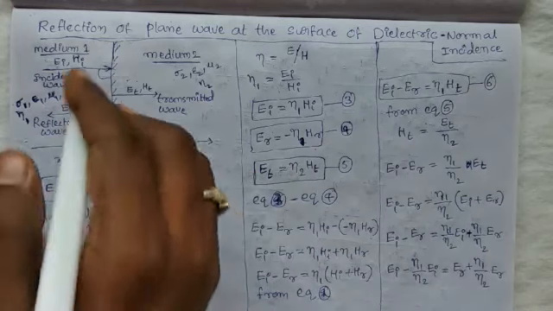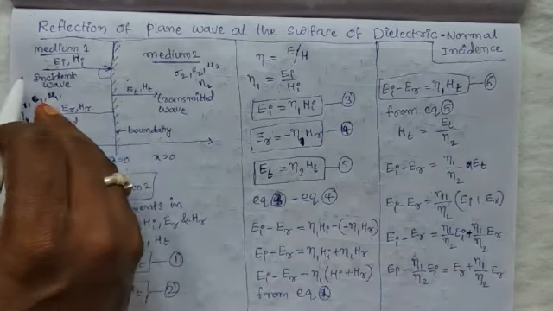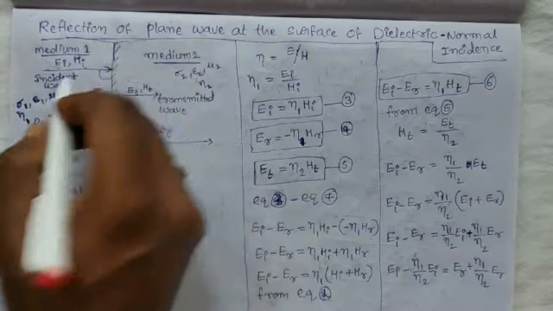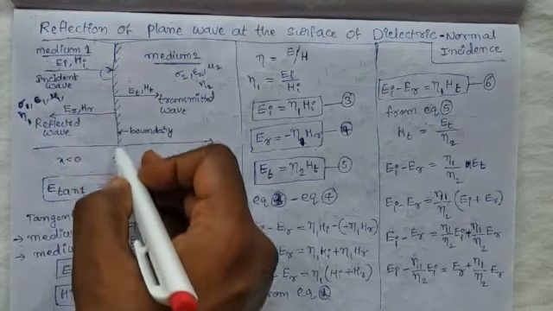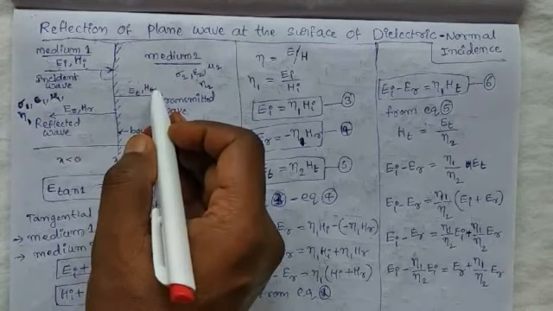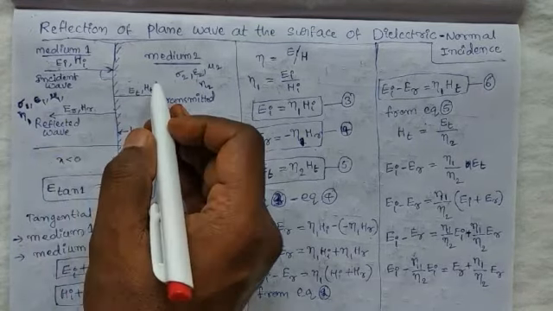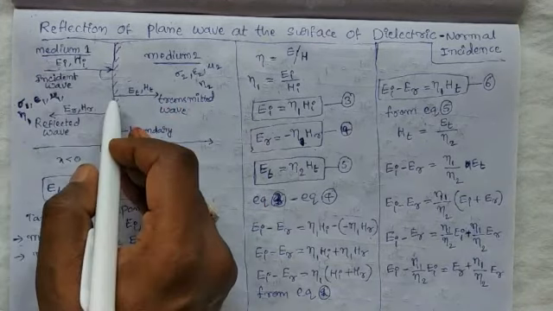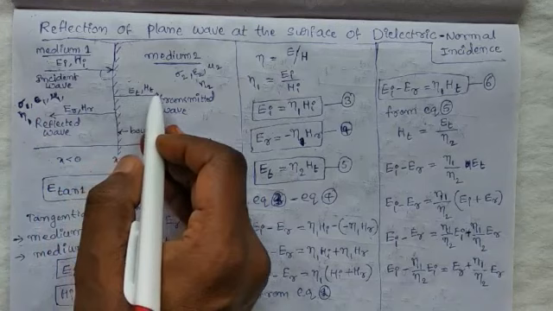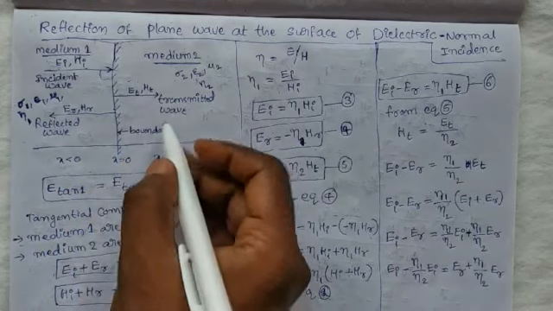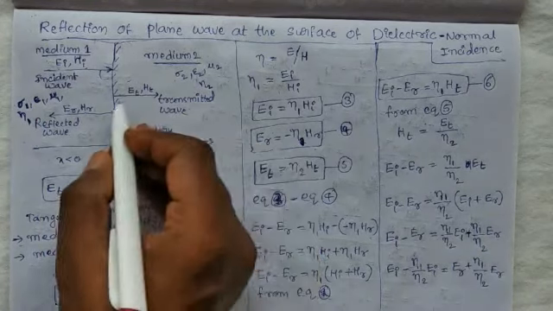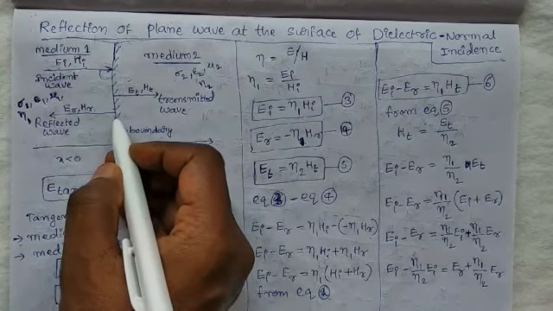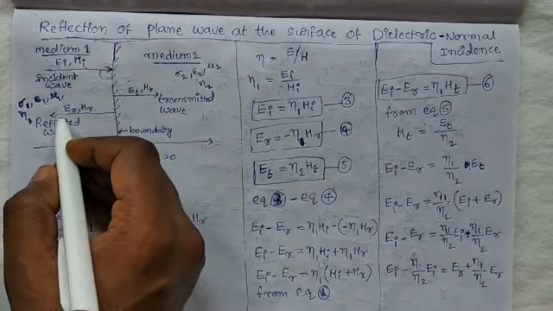Let us consider the electromagnetic wave incident normally onto the boundary between two dielectric mediums, medium 1 and medium 2. Part of the wave is transmitted into medium 2 and the remaining part will be reflected into medium 1.